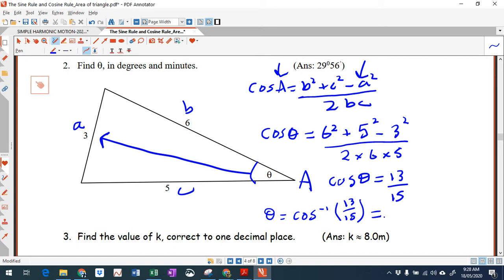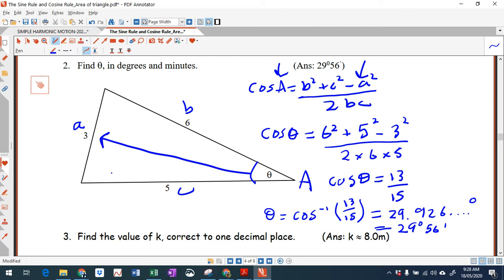So you should get 29.926 dot, dot, dot, degrees. But if you press your degrees, minutes, seconds button, you'll get 29 degrees, 56 minutes to the nearest minute. 29 degrees, 56 minutes. Okay.